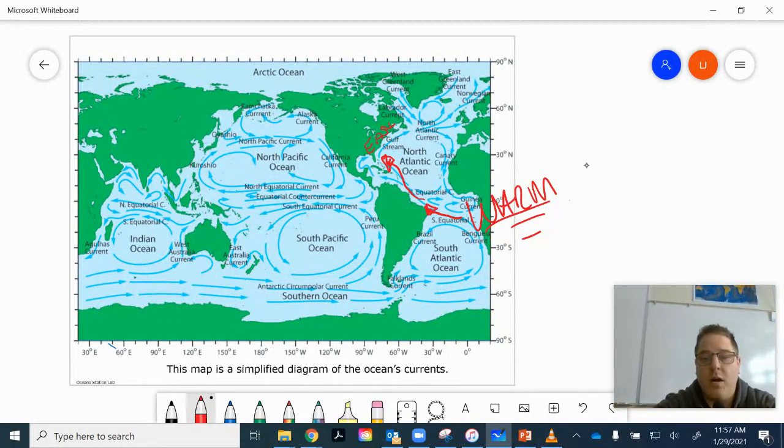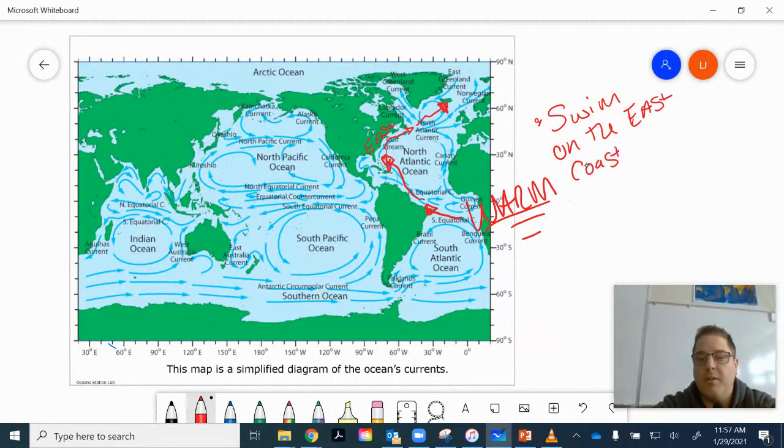And so you've got water coming up through this area. Well, what's it going to be like if you were to swim on the East Coast? What would it feel like? Big thing. It's going to feel pretty warm.